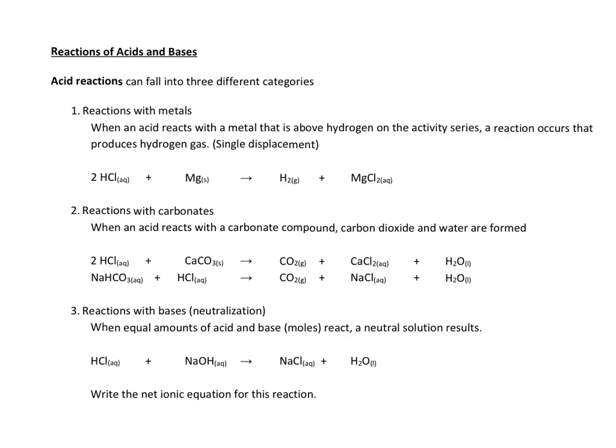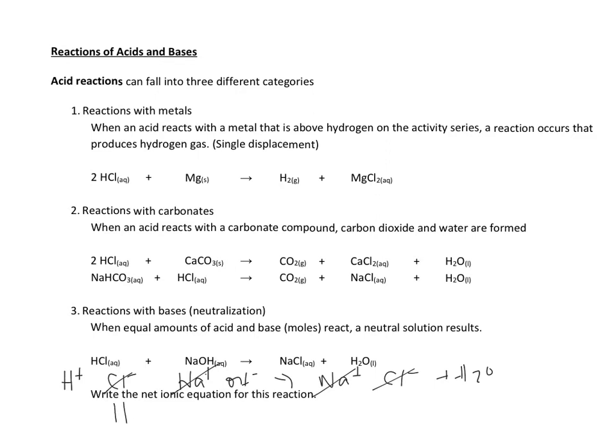So if you split up all of the AQ into their ions, we've got H plus, Cl minus, Na plus, OH minus, Na plus, Cl minus, and then H2O. So that's your total. So sodium's on both sides, chlorides on both sides. And this happens to be the net ionic equation for any neutralization reaction.